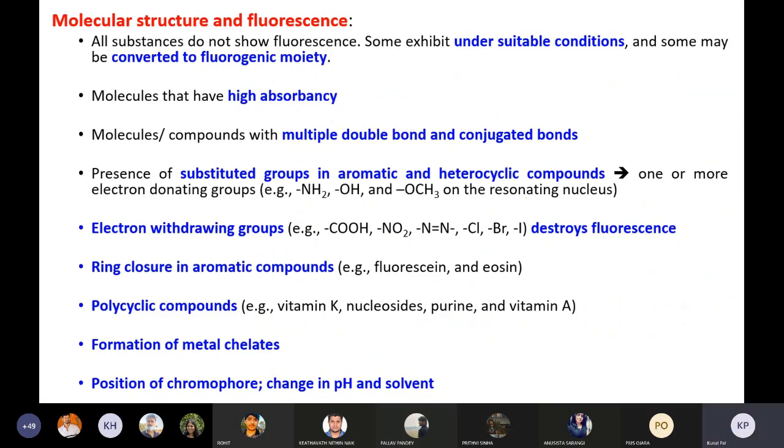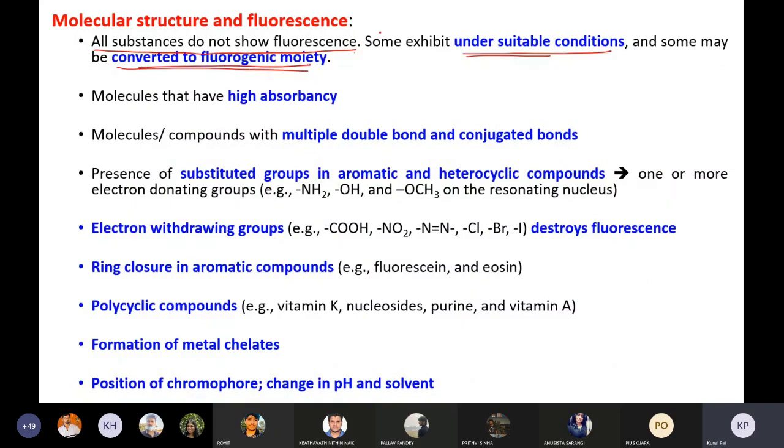Now coming to the molecular structure, herein we have to keep in mind that all substances do not show fluorescence. Some of the substances exhibit fluorescence under suitable conditions, and some may be converted to a fluorogenic moiety.